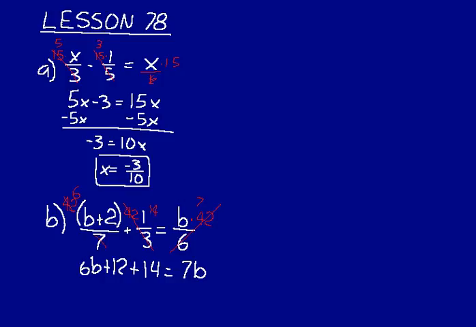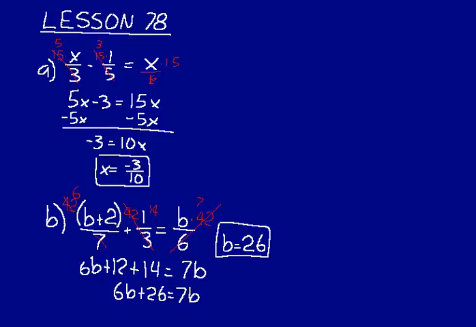On the left side, we can say 6b plus 26 is equal to 7b. And then we can subtract 6b from both sides, and you can probably just do that in your head. If you subtract 6b from both sides, the right side will just become b, and so there's our answer. b equals 26.